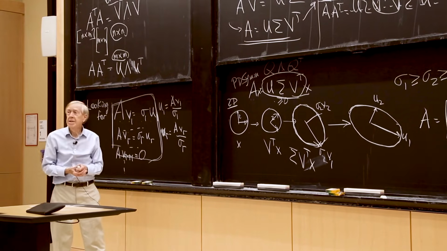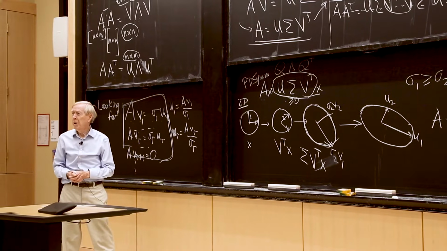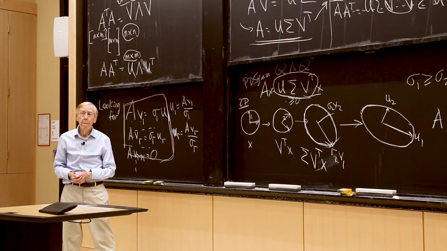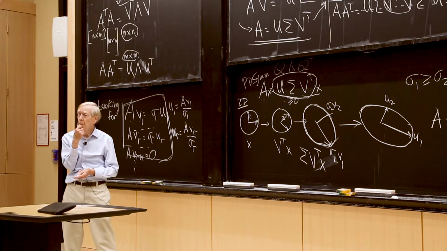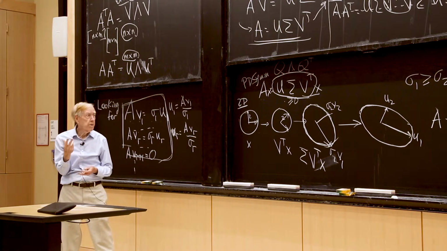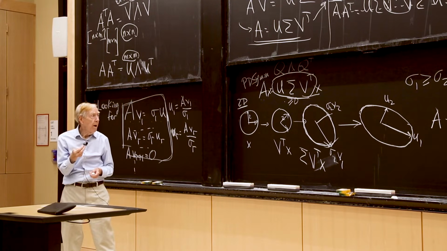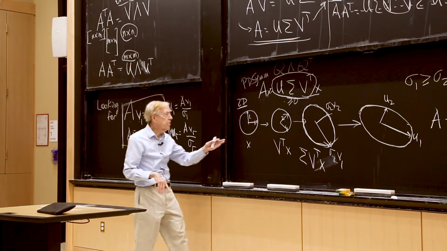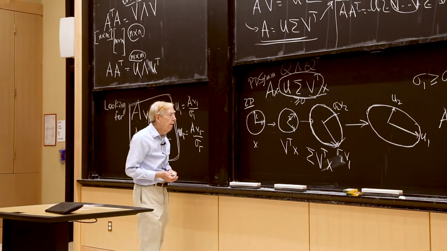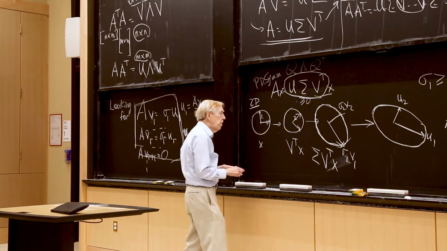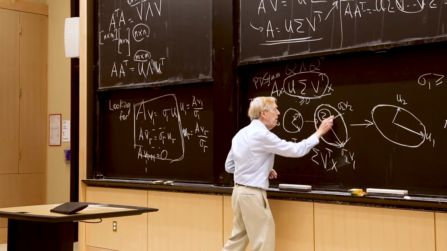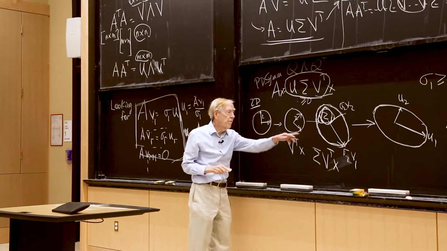How many numbers in sigma? That's pretty clear. 2. Sigma 1 and sigma 2. The 2 eigenvalues. How many numbers in this rotation? So if I had a different color chalk, I would put 2 for the number of things accounted for by sigma.